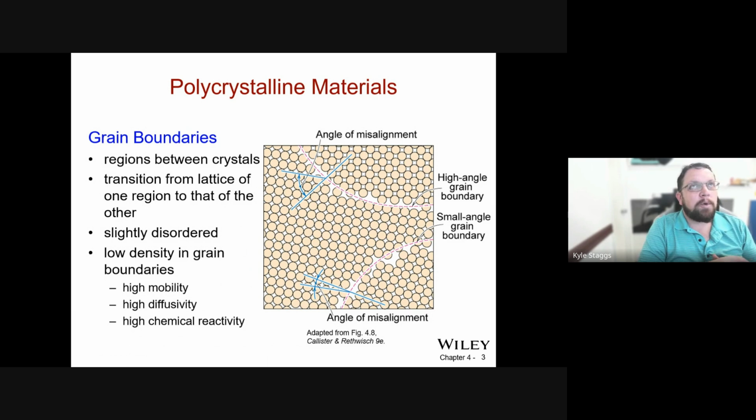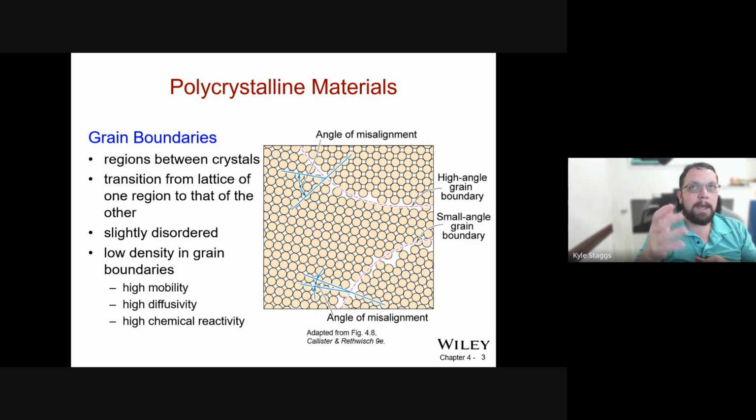A thing that's important to understand about polycrystalline materials is the grain boundaries have different angles of incidence, meaning how far misaligned they are. So there can be very small angle grain boundaries, and there can be high angle grain boundaries, and those are going to have different levels of void or open space in between them.